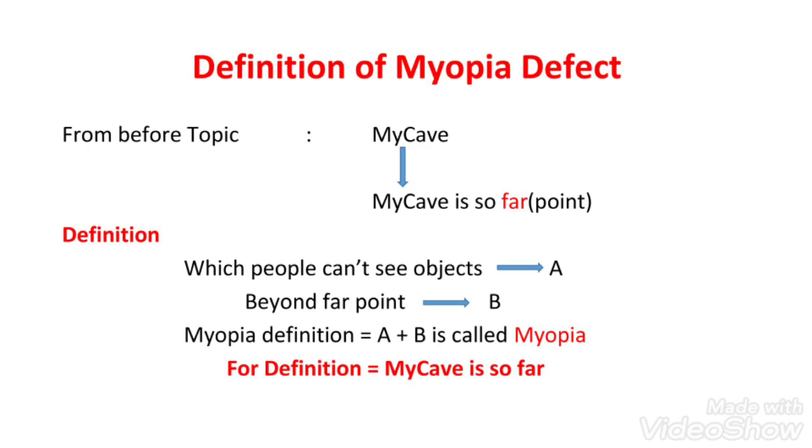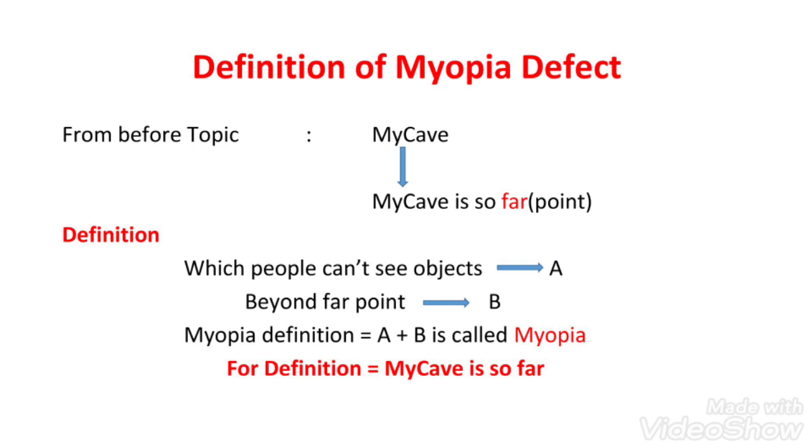Adding the two equations: which people cannot see objects, plus behind far point, is called myopia. So you can divide the definition with understanding, and you can write it easily. Only you have to remember is far point, behind far point for myopia.